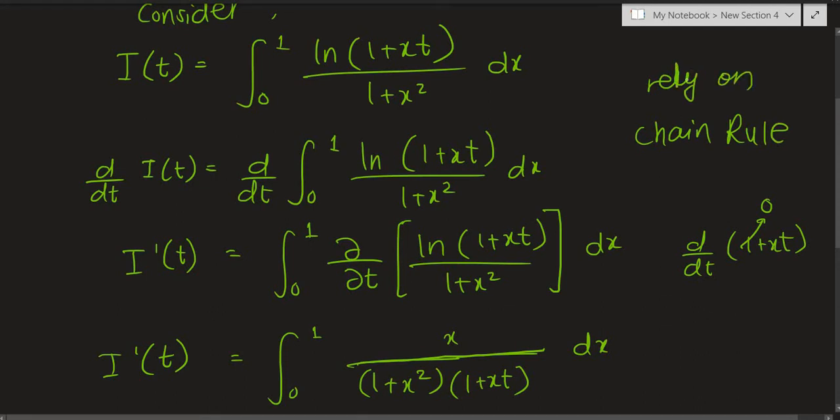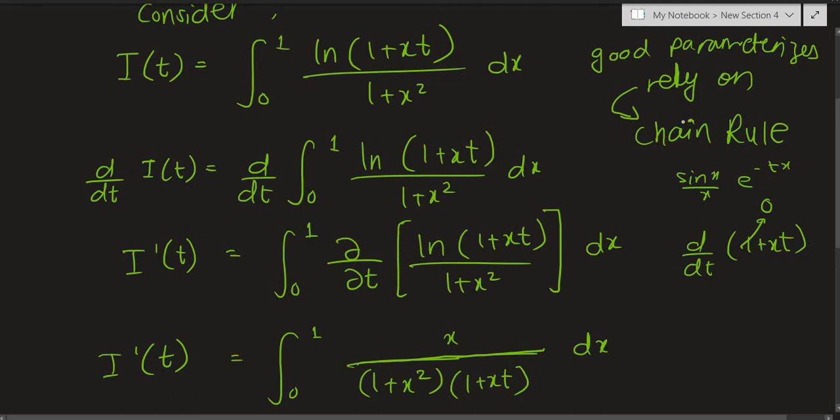So a good parameterization is in most cases the one which relies on the chain rule, because if you remember our integral of sine x over x, we relied on the chain rule of e raised to negative tx. So we obtained the exponential function as it is times this negative x factor when we were differentiating with respect to t. So a good parameterization, I repeat, is one that relies on the chain rule in most cases.